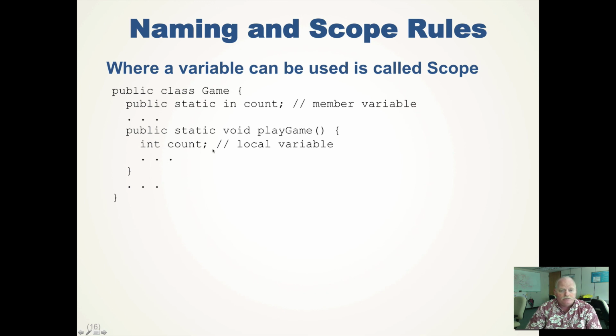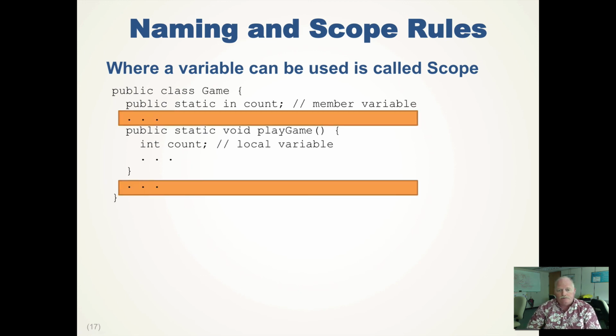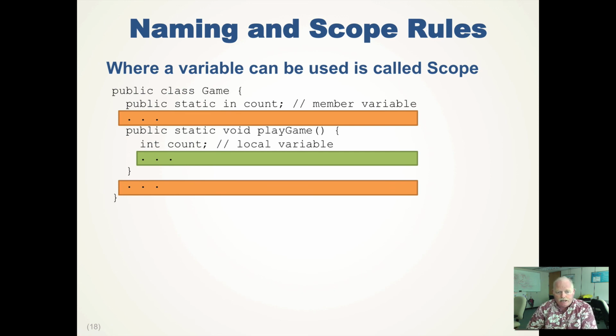And then inside this method, or subroutine, we've defined a local variable int count. Now, the int count member variable is available outside. It's actually available inside until we declare that, and it's available after. The local variable count is only available inside the subroutine playGame, and in fact the member variable count is not visible because the local variable masks or hides the member variable.